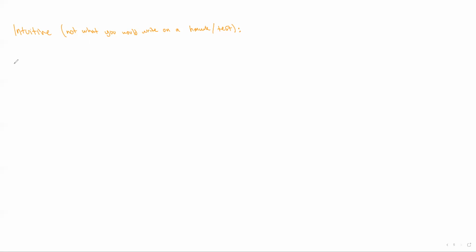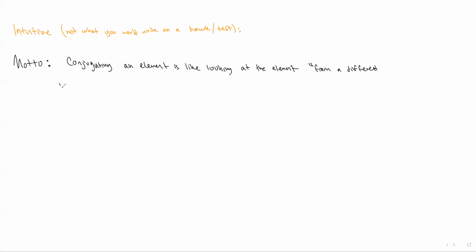And it basically comes down to a motto, which is that conjugating an element is like looking at the element from a different perspective. So this is intended to be just a vague guiding statement. And so what does that mean here?